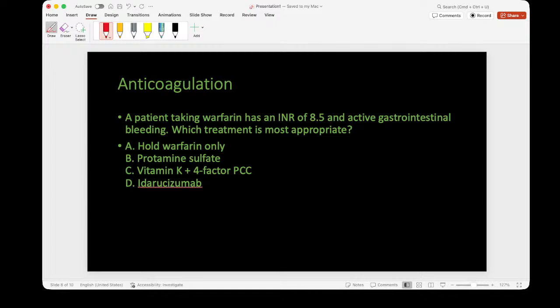So in this case, you would initiate vitamin K plus the 4 factor PCC as an antidote, but you will not stop the patient from taking warfarin because they may need it for the therapy, whether it's for NSTEMI or STEMI treatment, like an ST elevation myocardial infarction.